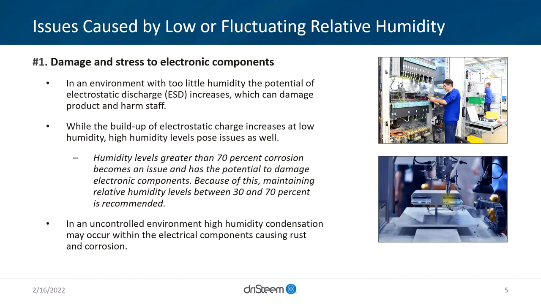So issues caused by low or fluctuating relative humidity is really the damage that electrostatic discharge can create when we're not within a specifiable range. When we talk about ESD, it's 30 to 70%, is that recommendation.